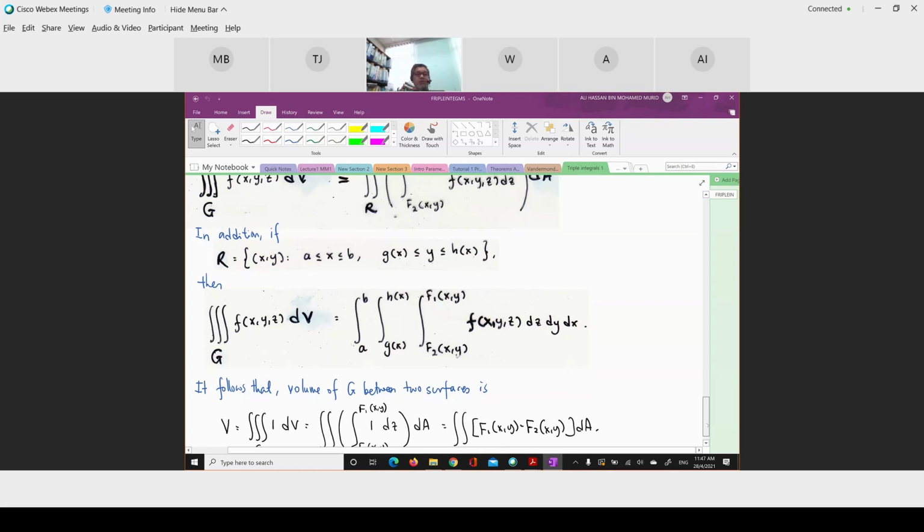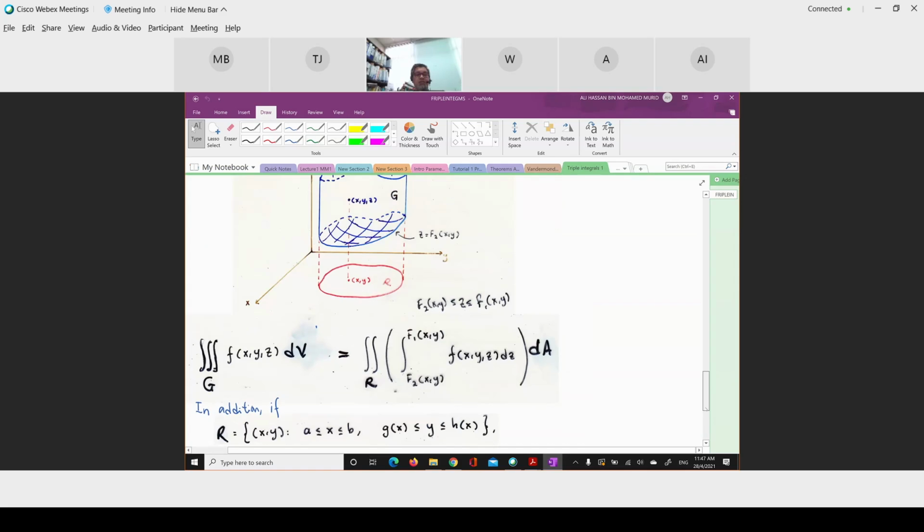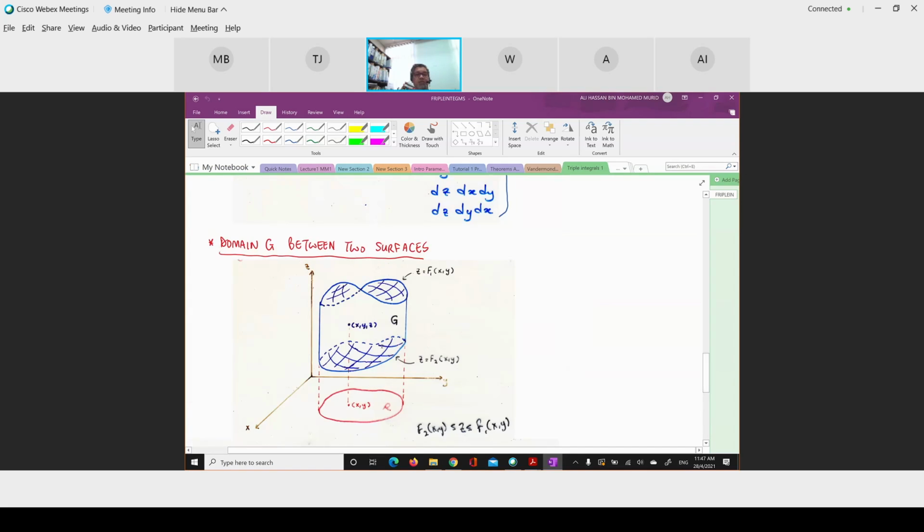So let's see some examples of evaluation of triple integrals involving a solid G bounded by surfaces.